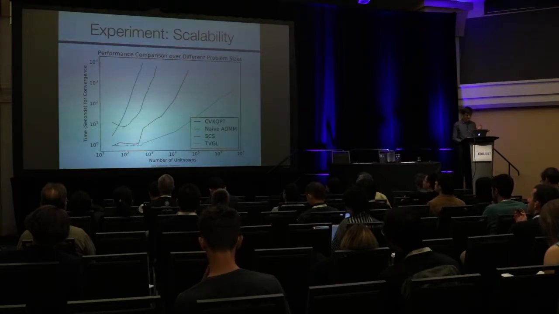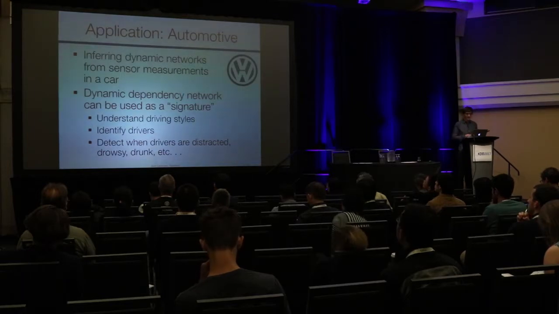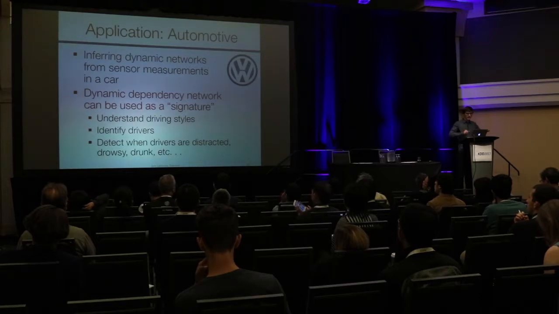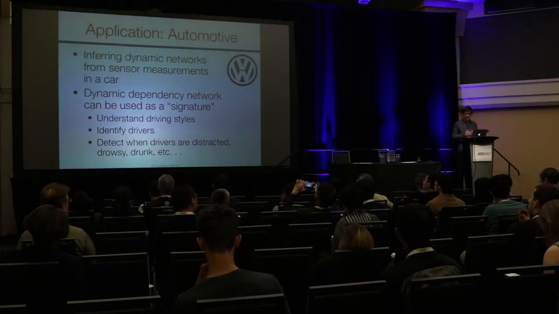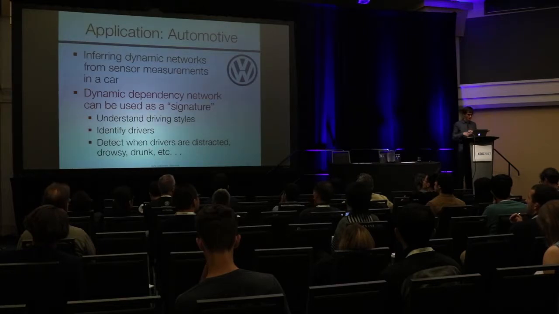And just to show one application of this, we were motivated to start this research after talking to car manufacturers, because basically cars have lots of sensors. A typical Audi would have around 2,000 sensors, but it's very hard for these manufacturers to even understand what is happening in the car as the person drives it. So this particular company hired students back in Germany to drive around and collect data.